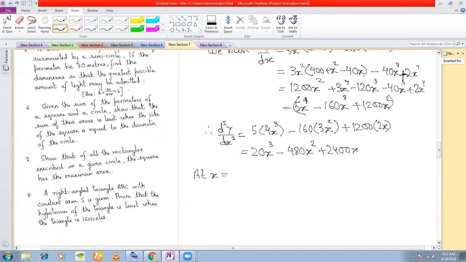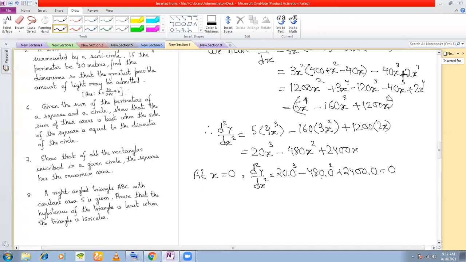So at x is equal to 0, d2y dx2 is equal to 20 into 0 cube minus 480 into 0 square plus 2400 into 0, which is equal to 0. Okay, so that means at x is equal to 0, the second derivative also vanishes.